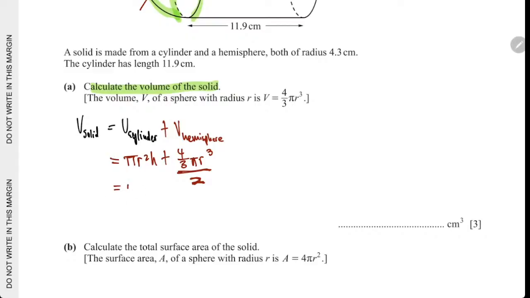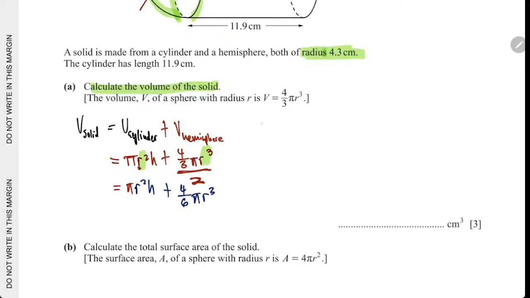Which is the same as what? Be careful. You only use the same r for different shapes if they tell you they have the same radius. So here they have both radius 4.3. So that's fine. So it is pi r squared h plus, here when you divide by 2, these 2 will multiply with this 3 in the denominator. So it'd be 4 over 6 pi r cubed.